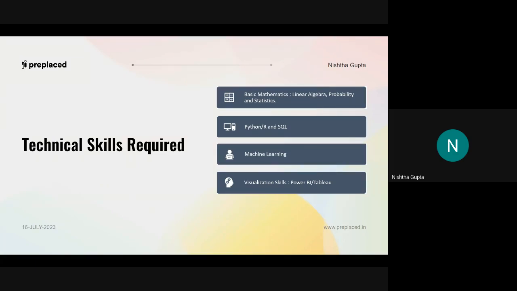You can pick up any of these and you will be able to work on the other one. If you pick up a course on Power BI, you will definitely be able to understand Tableau as well. It's just that the interface is different between both of them, right? So this is also a very important technical skill which you have to learn.